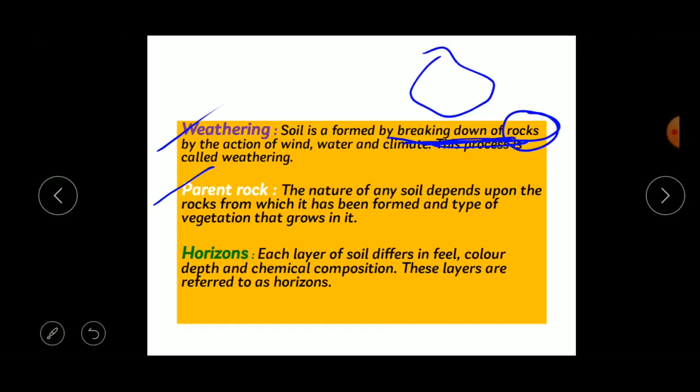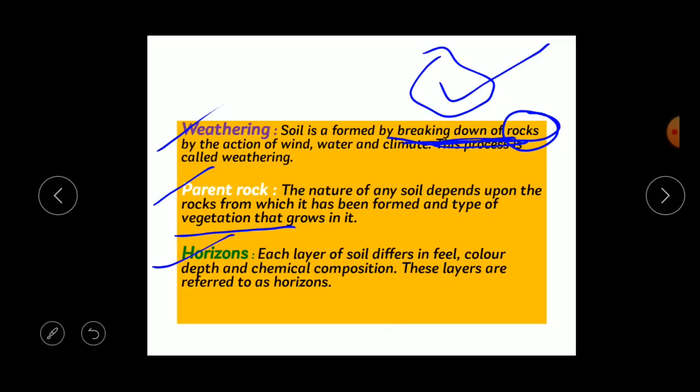The nature of any soil depends on this parent rock from which it has been formed. And even the type of vegetation, meaning the growing of the plants, is also based on the nature of the soil.